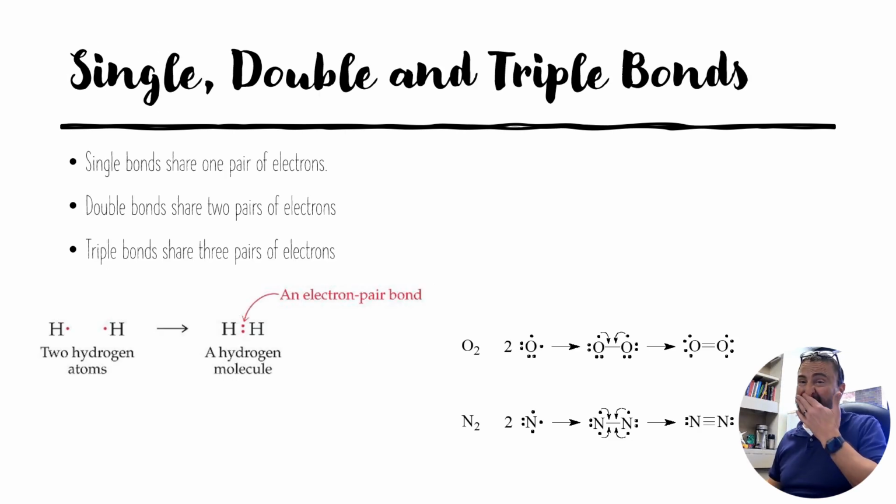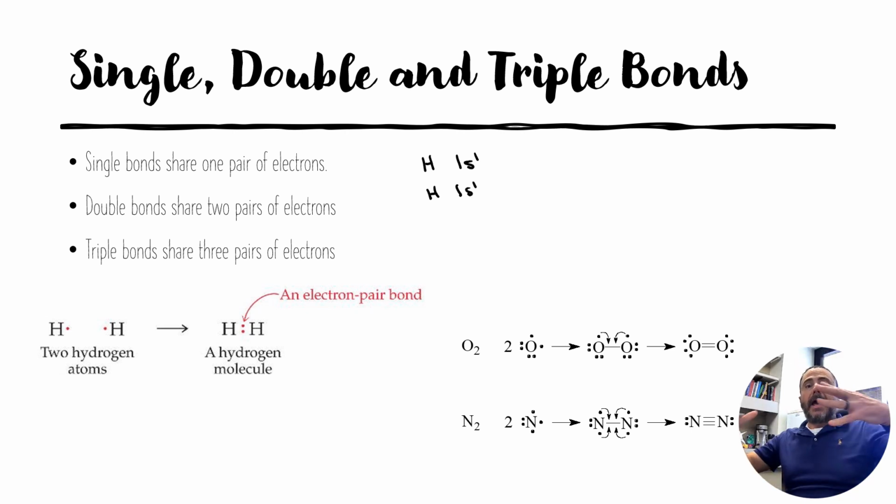Now this is going to help us describe single, double, and triple bonds going forward. Single bonds in general like to share a pair of electrons. My example here is showing some hydrogen atoms. Each hydrogen has an electron configuration of 1s1.